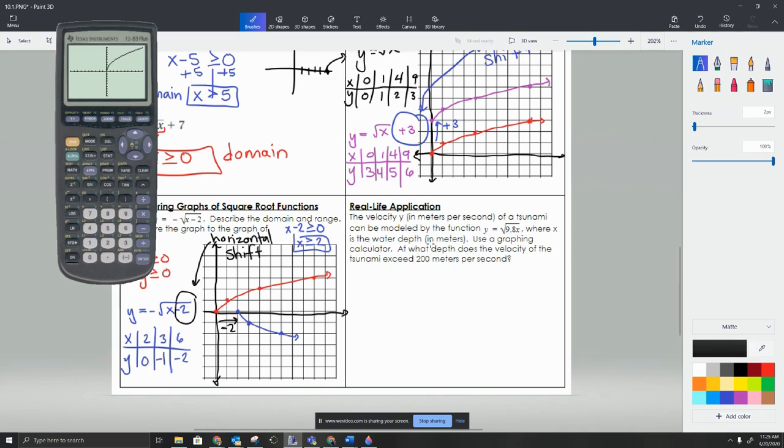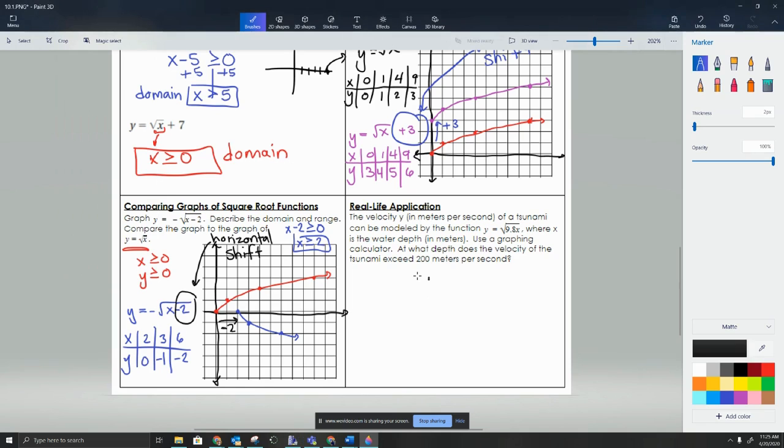So they want y to be greater than 200, and they're asking us basically for x, which is depth. If I were to do this, guys, I could click the trace feature and try to get y to 200, but that's going to take forever. So I would just encourage you to use the function.